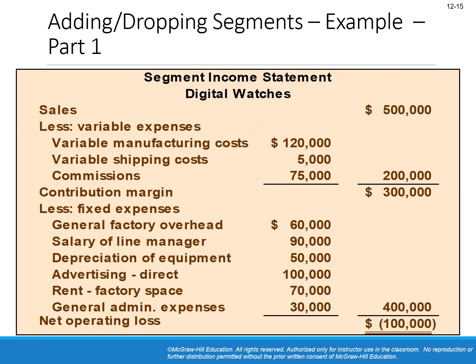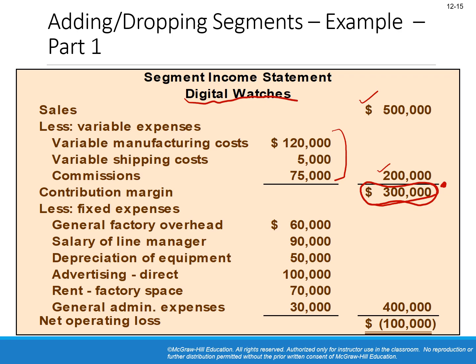So the income statement shows for the digital watches a total sale of 500,000, variable expenses a total of 200,000. Therefore, the contribution margin is $300,000. So if you think about it, dropping this line will make you lose those $300,000. On the other hand, you might be saving some of those fixed expenses.